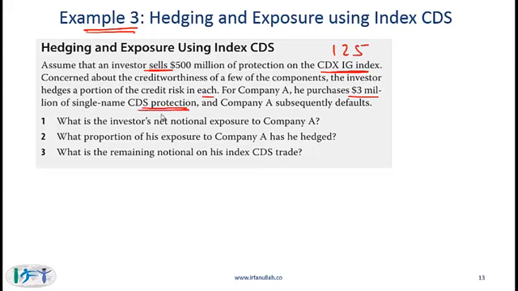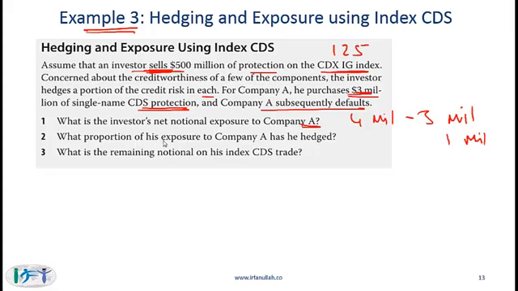So notice that here protection is being purchased and therefore this is hedging. Company A subsequently defaults. What is the investor's net exposure to A? Based on this position where the investor sells protection, the amount associated with company A would be 500 over 125, which is 4 million. So this is 4 million of protection which has been sold. And then here we have 3 million of protection which is purchased. So the net exposure is 1 million.